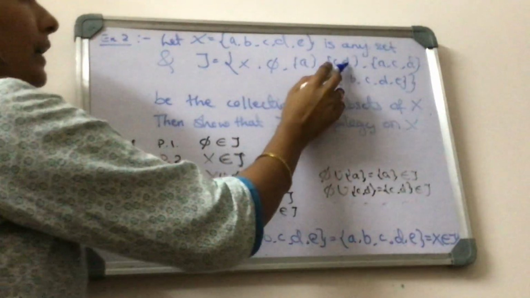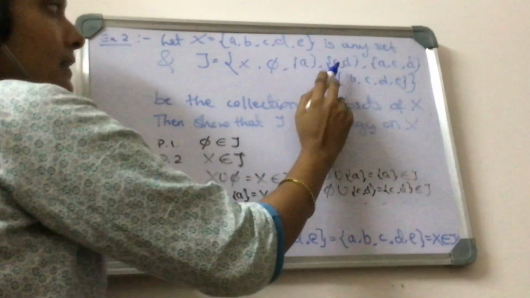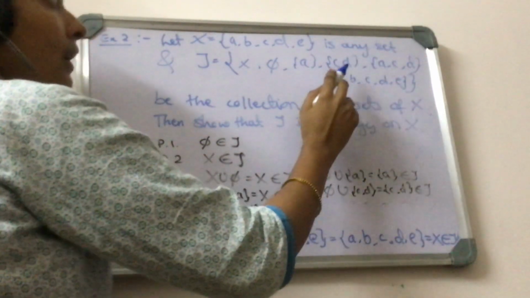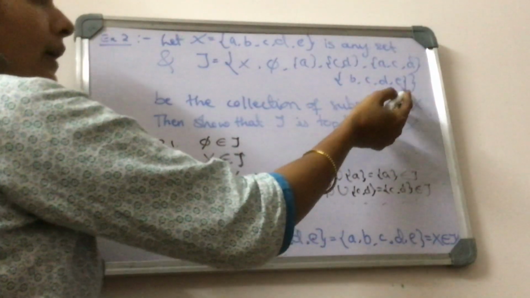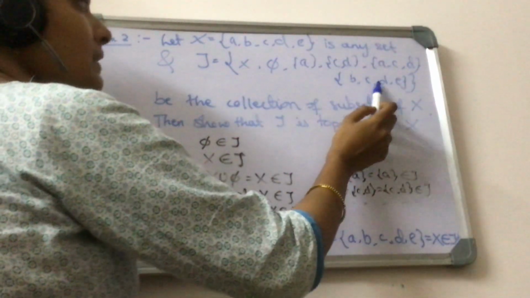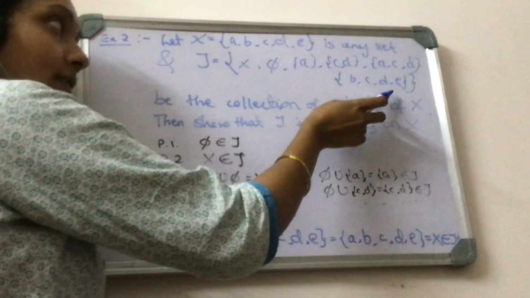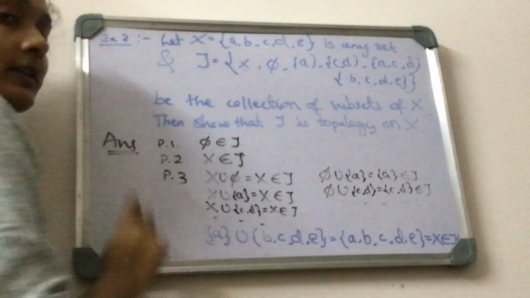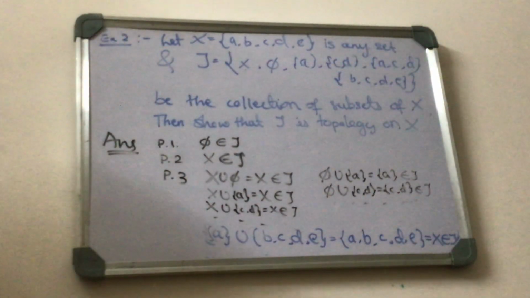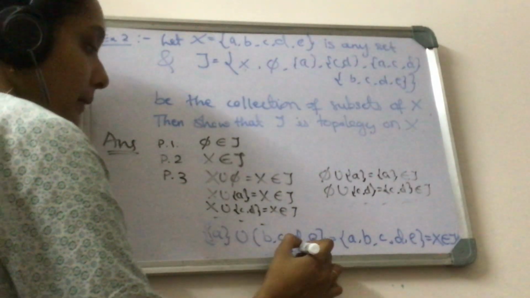Like that, CD union A is ACD, CD union ACD is ACD, CD union BCDE is BCDE. ACD union BCDE is ABCDE, which is X, which is there in the collection of subsets. Since P3, thus P3 holds.